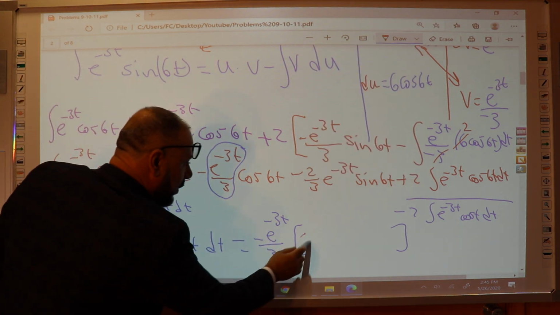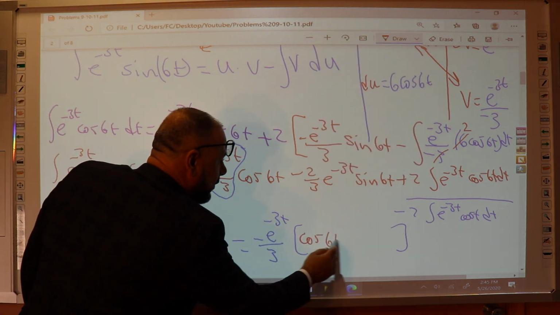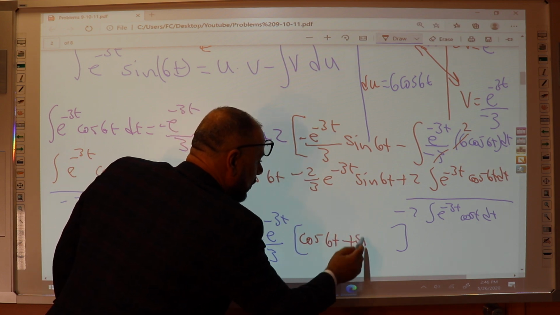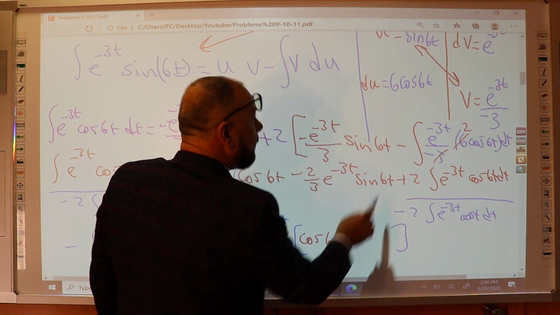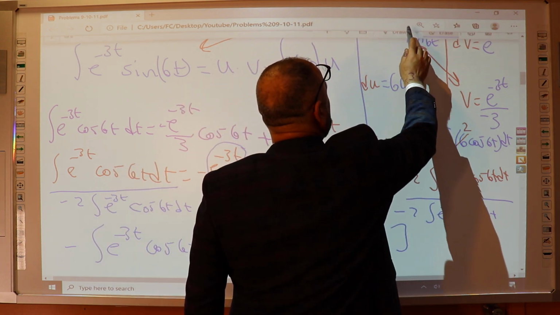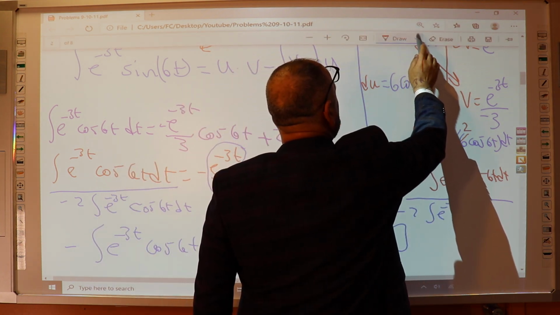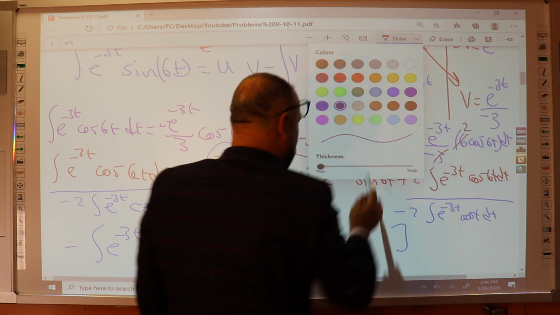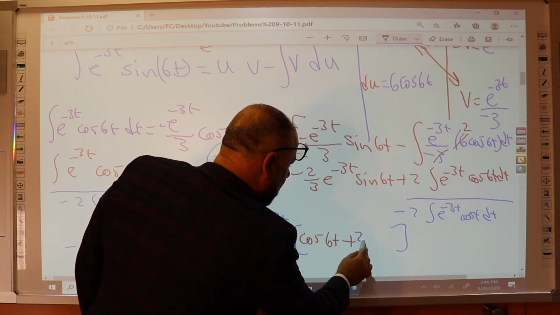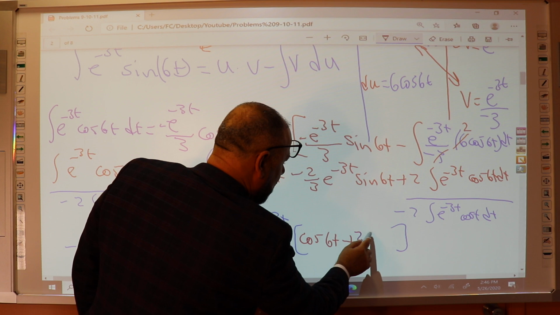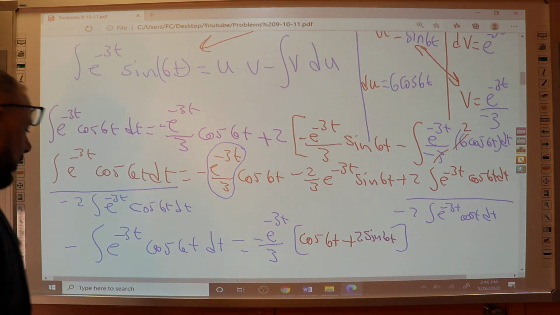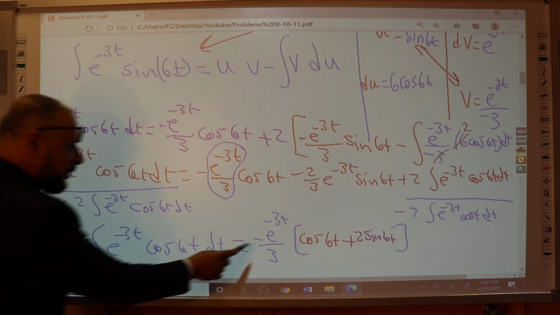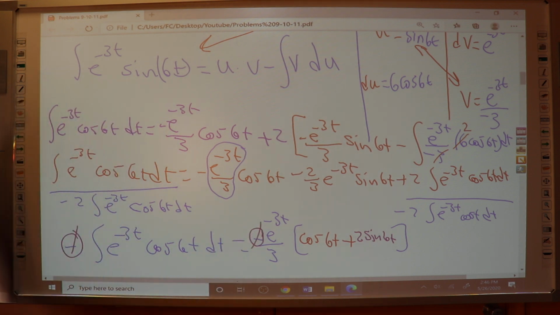With the negative out, cosine 6t plus 2 sine 6t, because we have 2 here. Now we have a negative here and a negative here. They cancel each other.